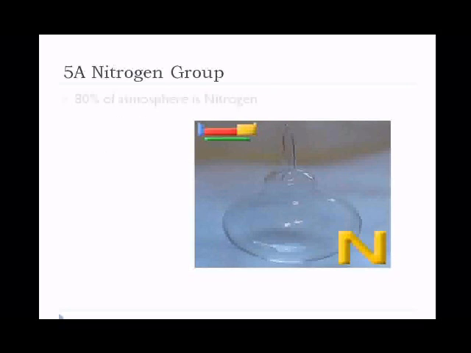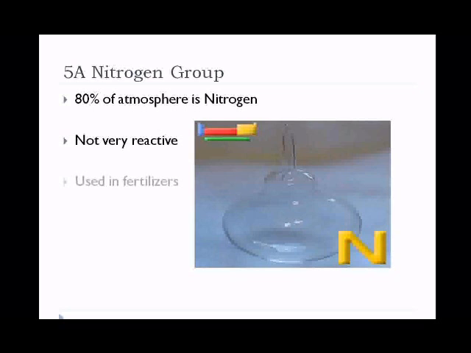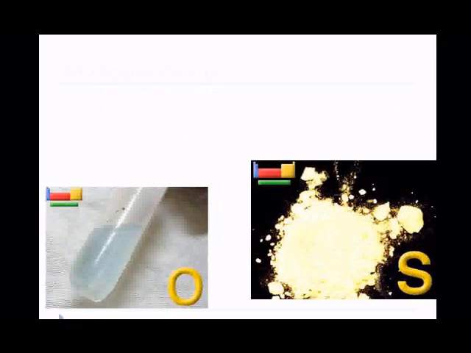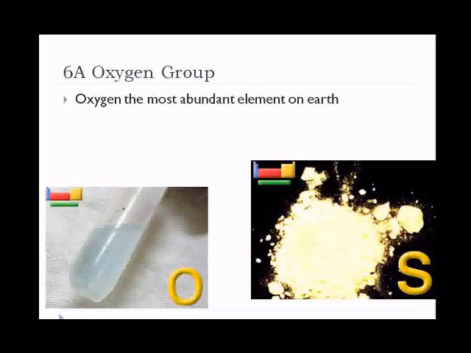Group 5A, nitrogen. 80% of the atmosphere is nitrogen. It's not very reactive and most often used in fertilizers. Our oxygen family. Oxygen is the most abundant element on Earth.